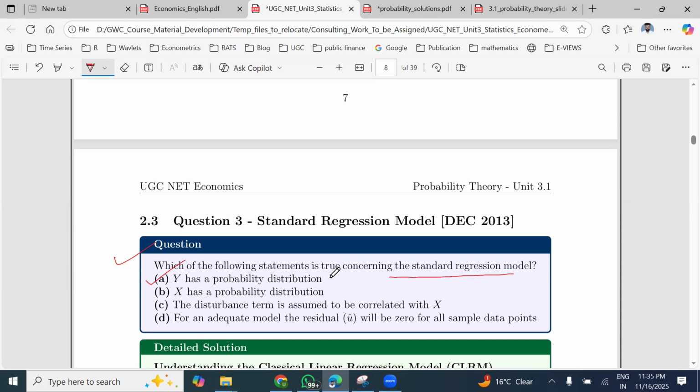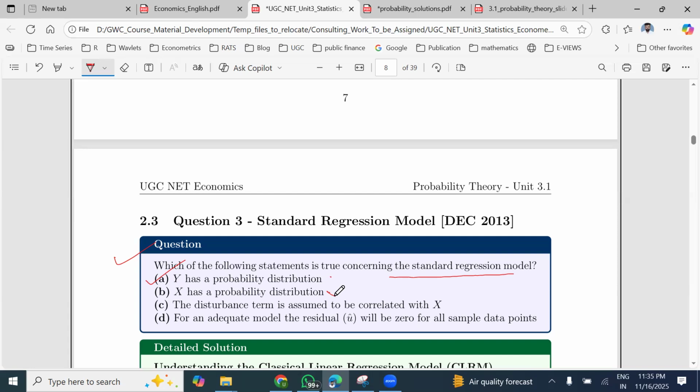Sir, true. Okay. X has a probability distribution. True or false? Chinmay? It's true. Yes, sir. Sangeeta?